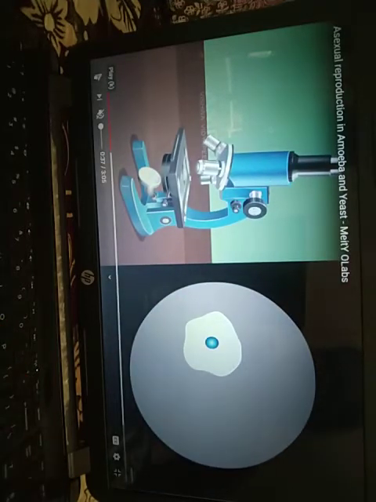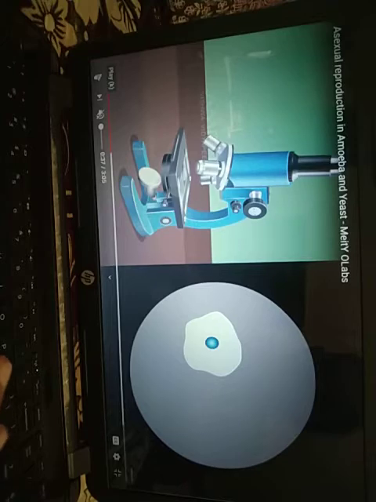So when we see the slide under the microscope, we'll see the amoeba which is not dividing. In the resting phase, before the division of the amoeba, we'll see that the amoeba possesses a single nucleus with the cytoplasm.